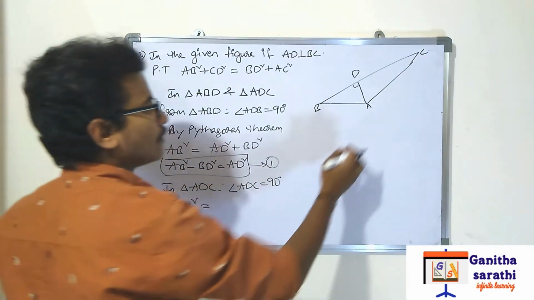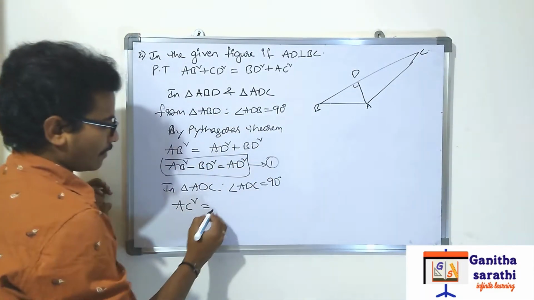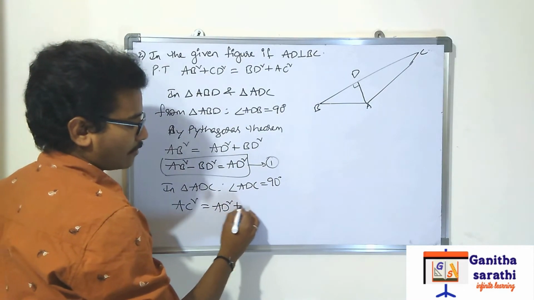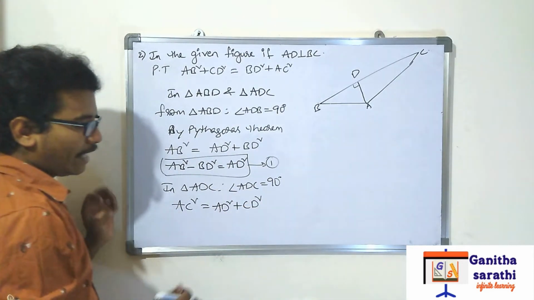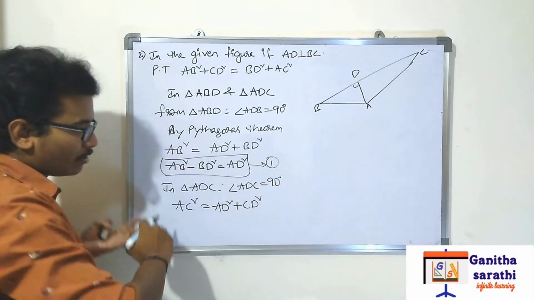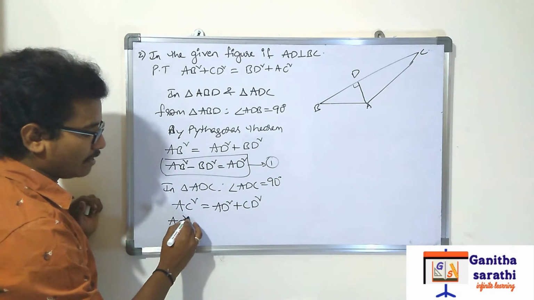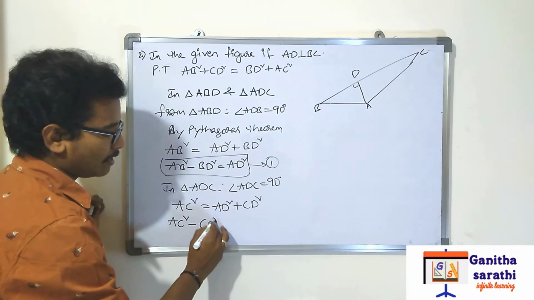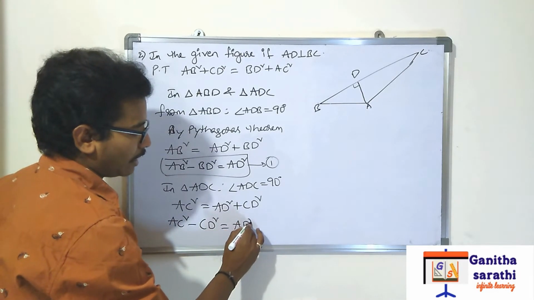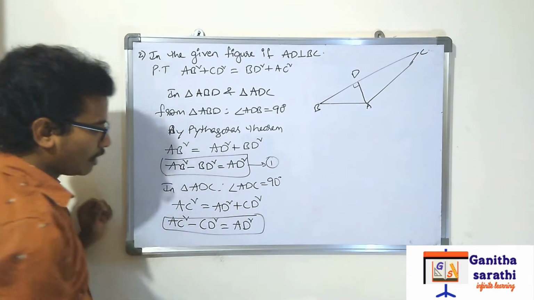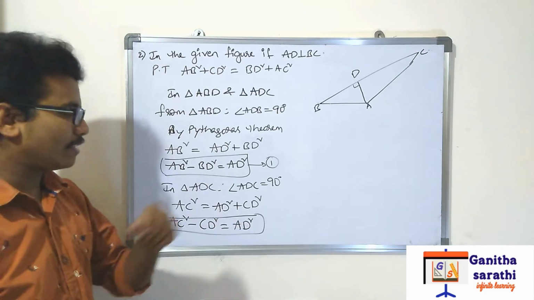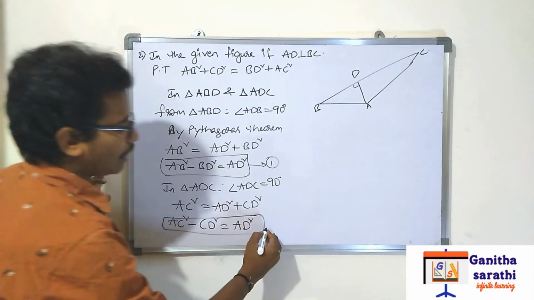AC square is equal to AD square plus CD square. Again make plus CD square to the left hand side. AC square minus CD square is equal to AD square. Take it as equation number 2.